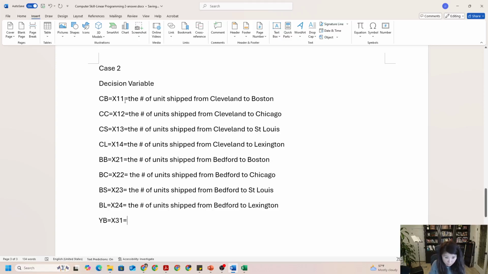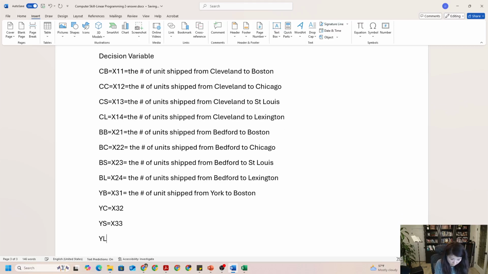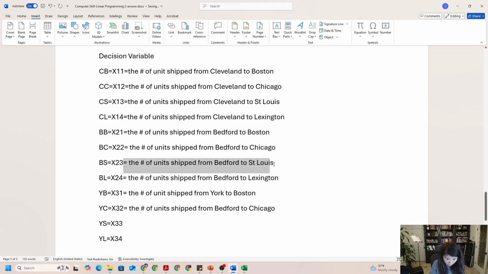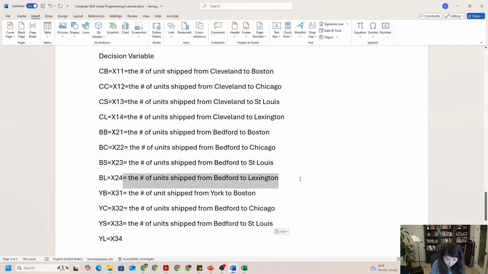Next, starting from York: YB is X31, the number of units from York to Boston, and then YC, Chicago, is X32, YS, St. Louis, is X33, and York to Lexington is X34. So we have Boston, Chicago, St. Louis, and Lexington, but from York.